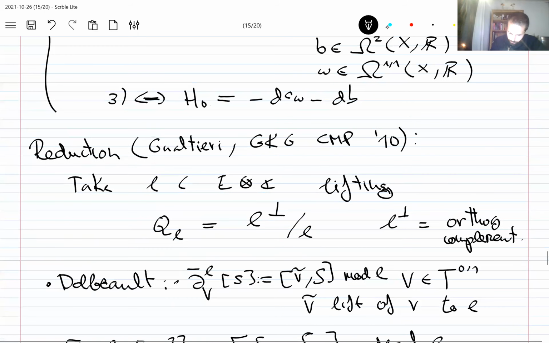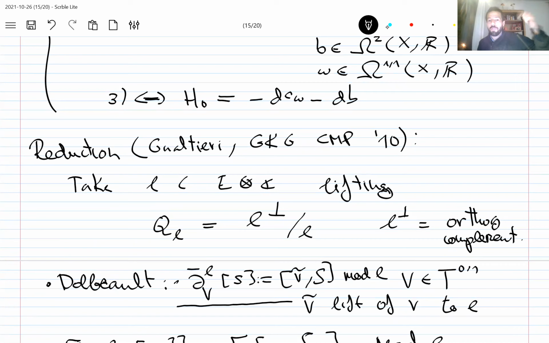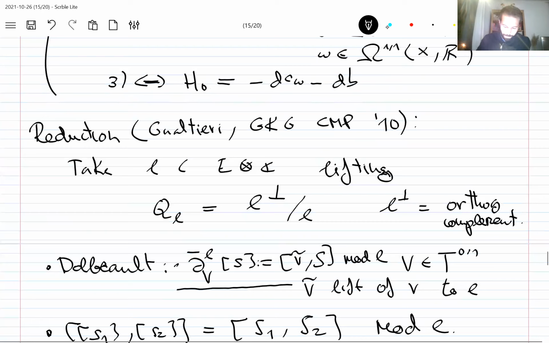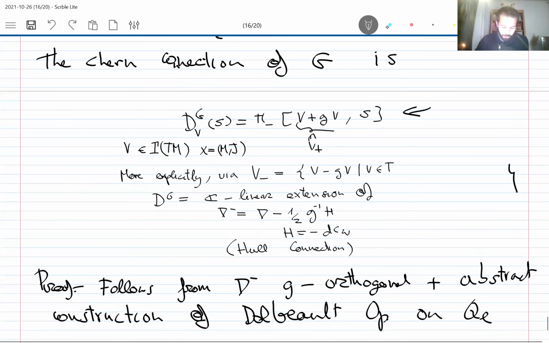So the definition was this one. It just uses the lifting to tangent 0,1 and the bracket. Okay, so essentially, this is the proof. Let me not go into more details, but this is important.